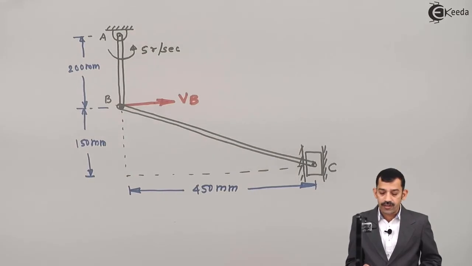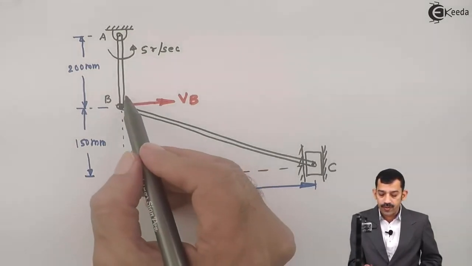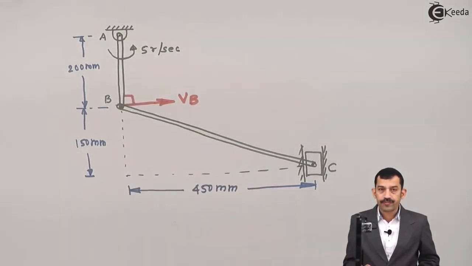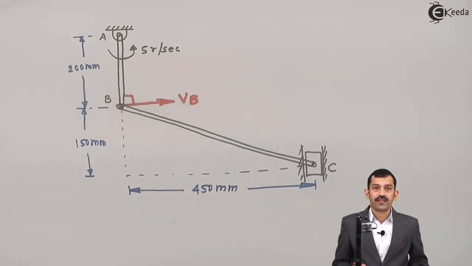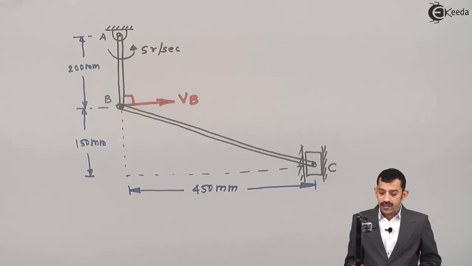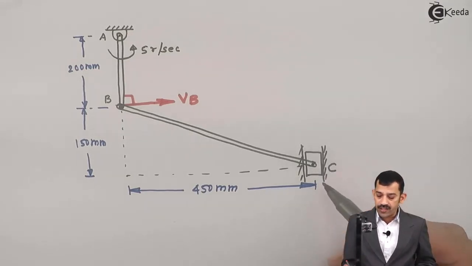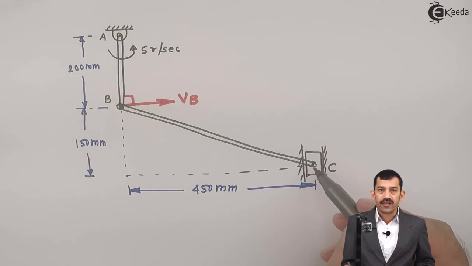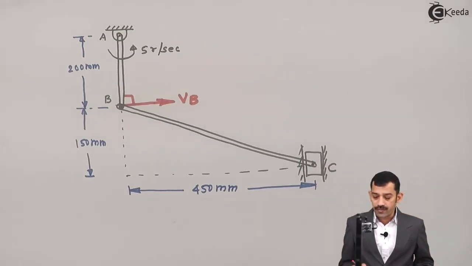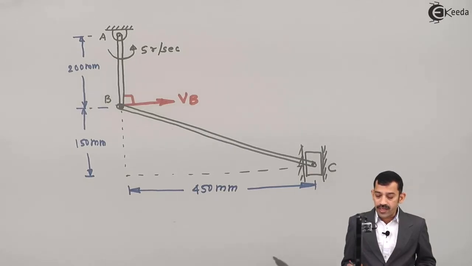Once we get the direction of linear velocity of point B, which is perpendicular to AB, now you have to decide in which direction slider C slides. Slider C motion is restricted, it has to slide in upward or downward direction. Therefore, it is confirmed that VC is vertical, maybe upward, maybe downward.